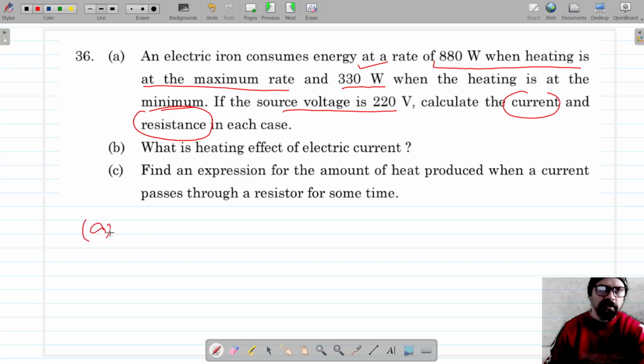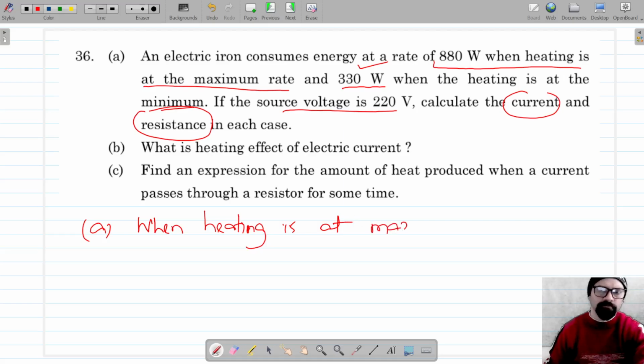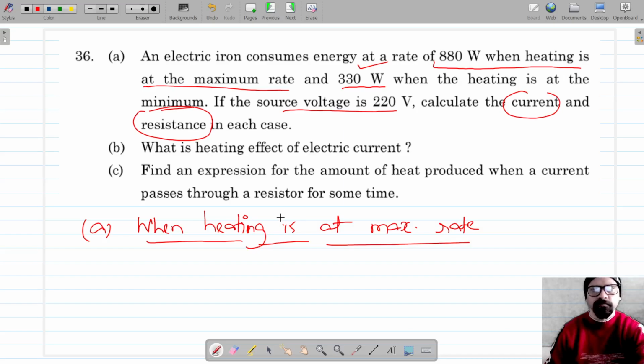This is question A, part A, that is when heating is at maximum rate. So when heating is at maximum rate, power is 880 watt and the source voltage is the same.